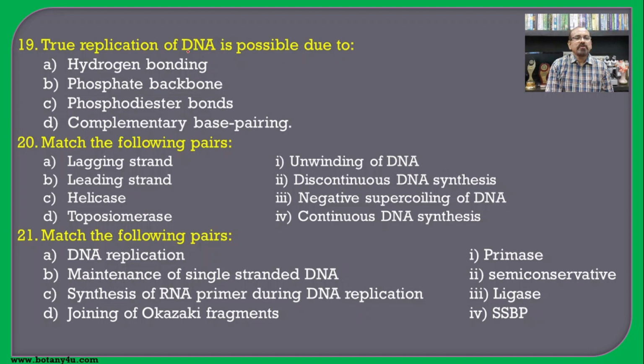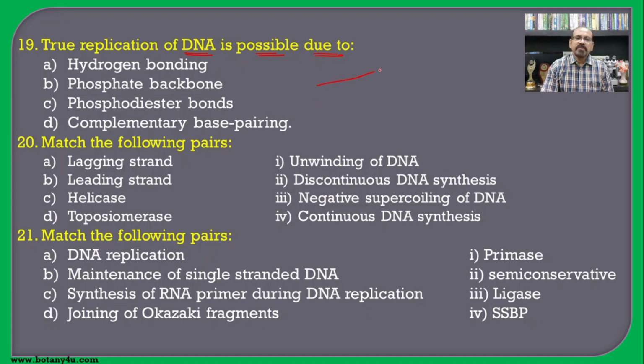True replication of DNA is possible due to, whenever we are talking about replication, the process to make a copy of the DNA, and this copy can be formed only because there is complementary nitrogen base pairing.